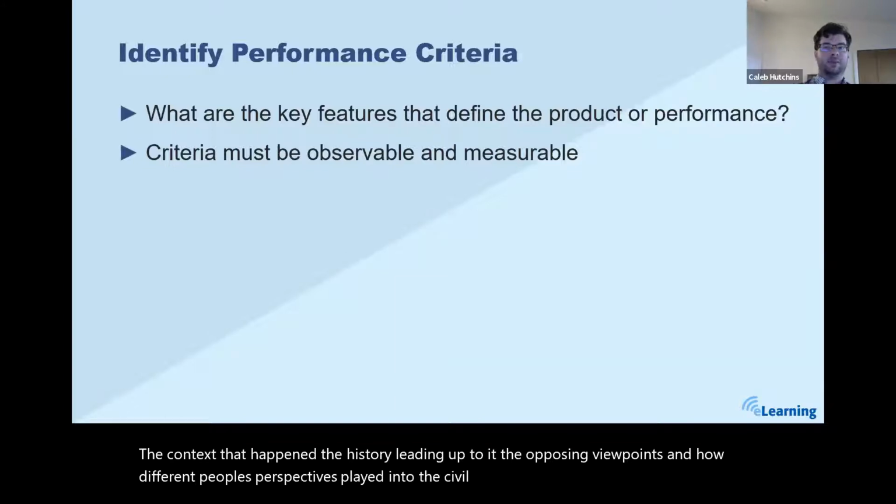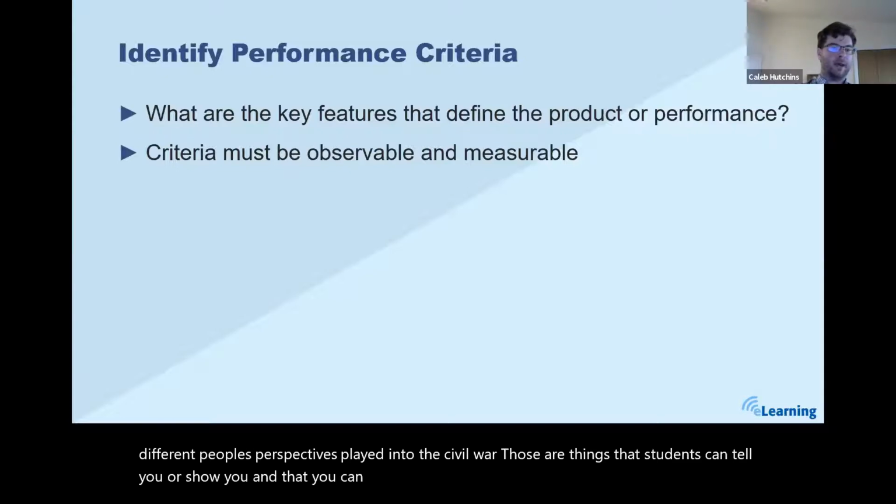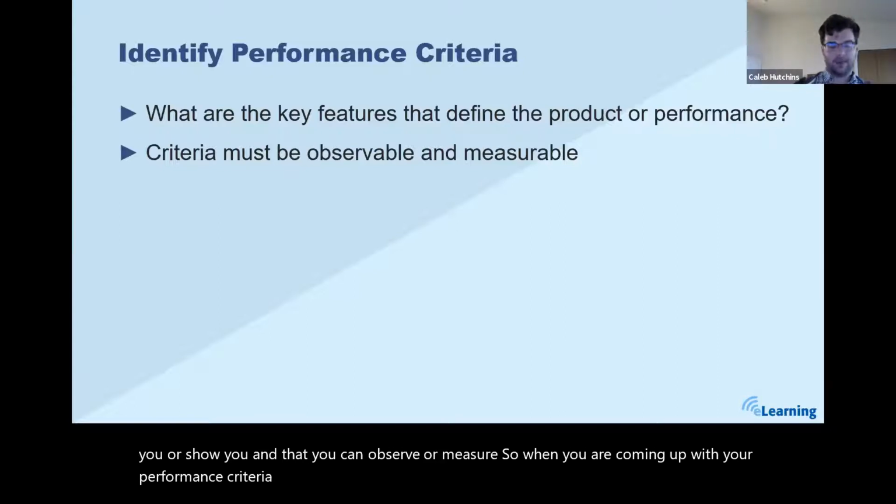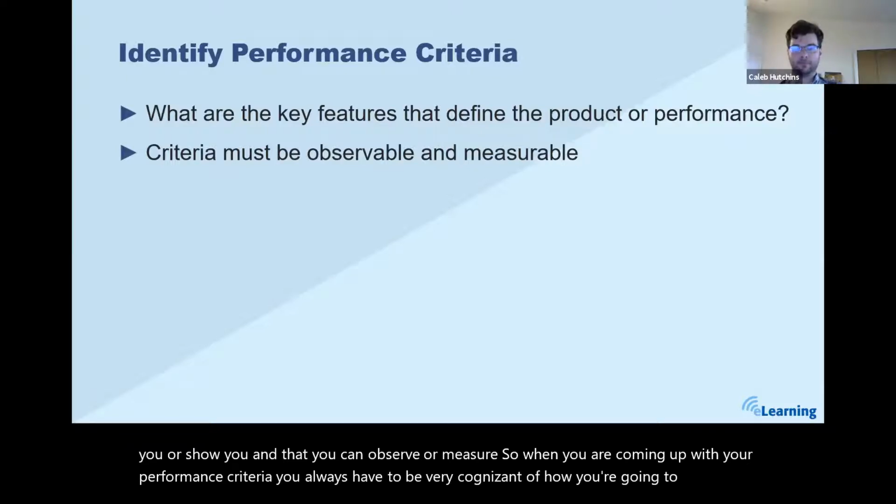Those are things that students can tell you or show you, and that you can observe or measure. So when you are coming up with your performance criteria, you always have to be very cognizant of how you're going to measure that criteria.